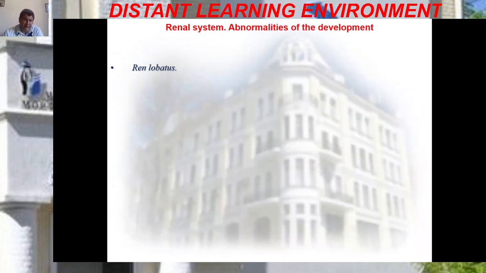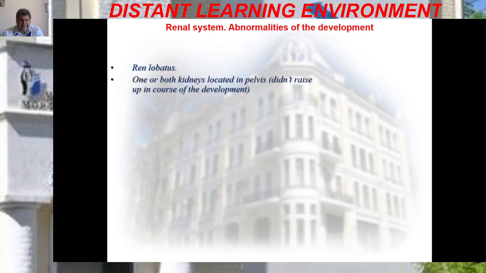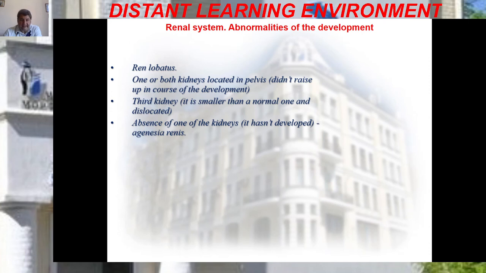This is normal for a little child up to 2 years old, but abnormal in an adult. Next, one or both kidneys located in pelvis, pelvic transposition. Third kidney, smaller than normal, and this is dislocated kidney. Absence of one of the kidneys is called agenesia renis.